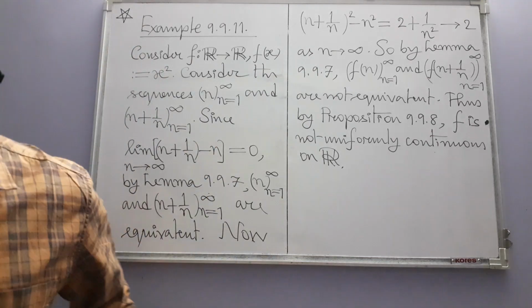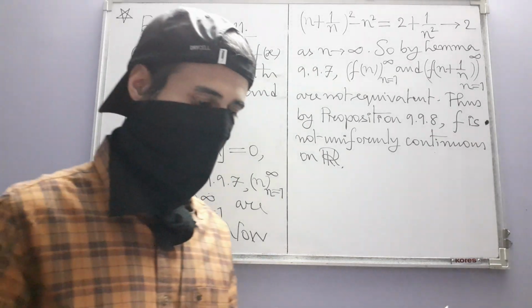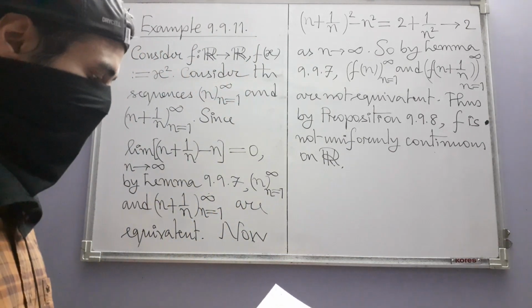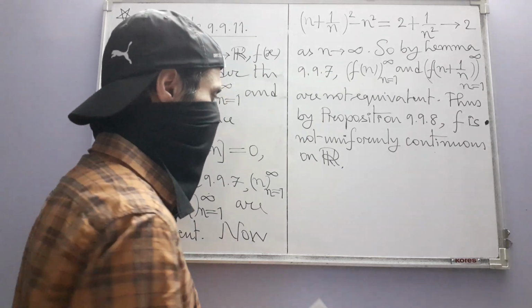Alright, now next comes the effect of a uniformly continuous function on a Cauchy sequence. So this is the next result.